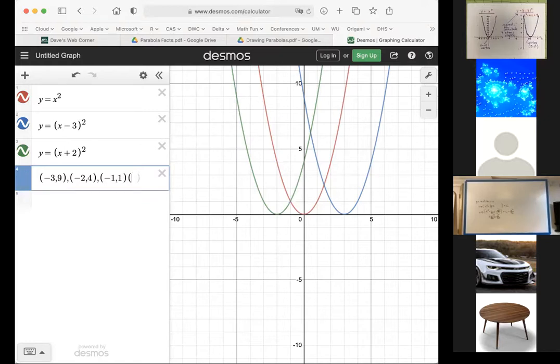And this might be the last time I list these points for you. Not because I won't, not because I refuse to list them, but I'm just saying after you see these points several times, they get burned into your mind. 2, 4 and 3, 9.